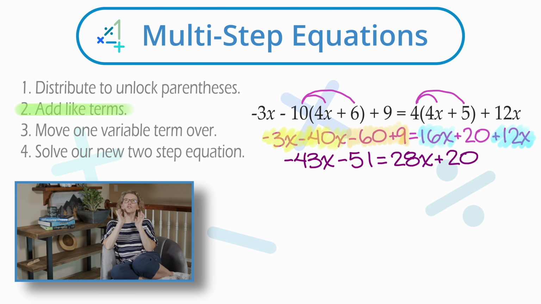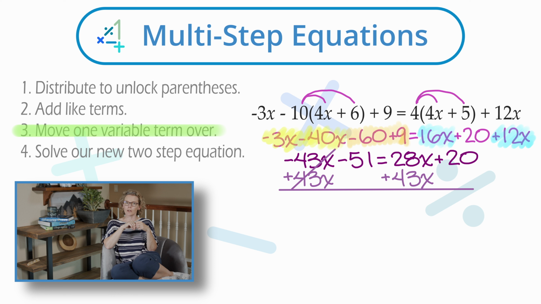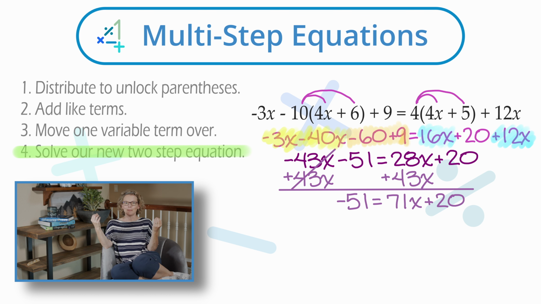This is looking so much better already. We'll decide to move the x's to one side. I choose to move the -43x over to meet the 28x, like this. -51 equals 28x plus 43x equals 71x plus 20. Step 4, solve it.